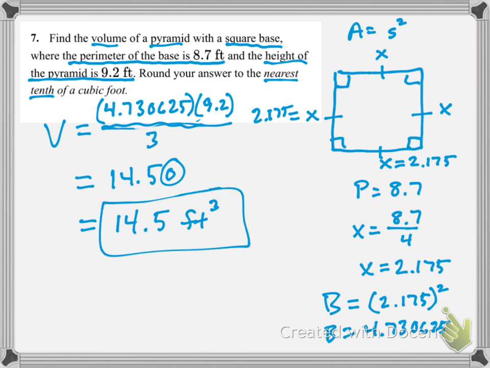That perimeter could have been a little bit better number for us, I think. But that's the process. Just forget the decimals and focus on the process. If they give you a square base and they give you the perimeter, you got to go through these steps to get the area of the base. Hopefully the decimals won't be as ugly as they just were.